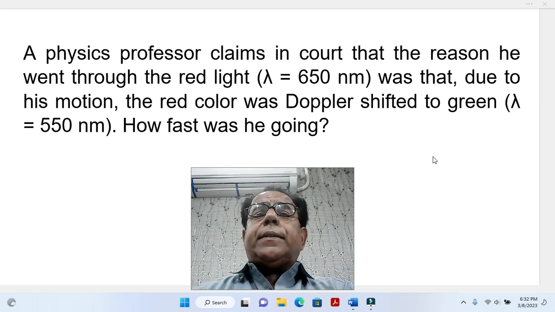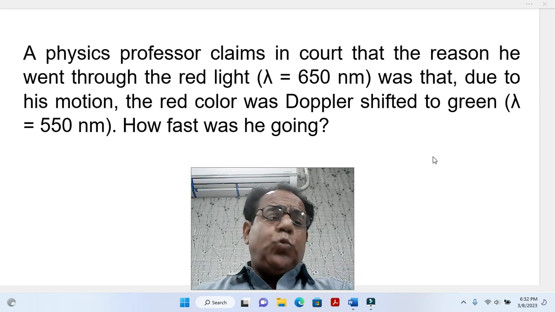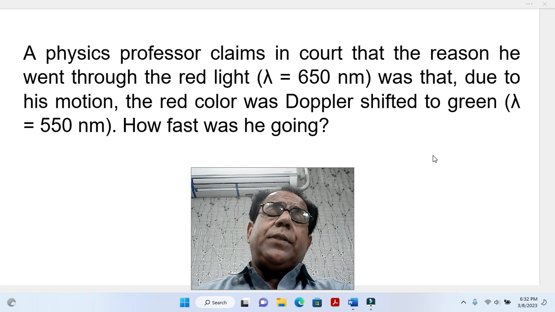How fast was he going? Dear students, as usual we will first come towards the helping tools and then we will solve this problem.